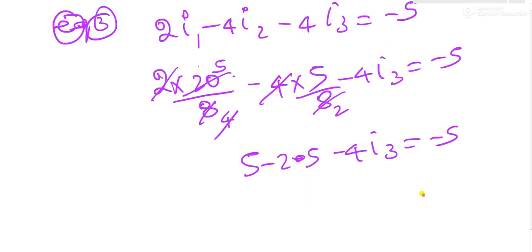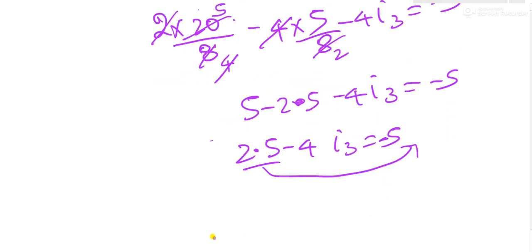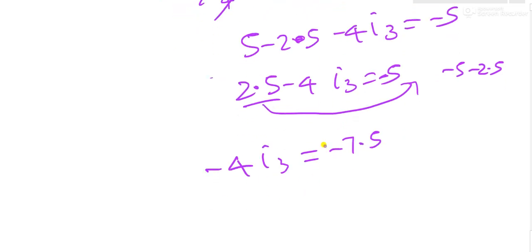Bringing this from the left side to the right side, we get minus 4I3 is equal to minus 7.5, because minus 5 minus 2.5 is minus 7.5. The minus signs cancel, so finally I3 is equal to 7.5 divided by 4.